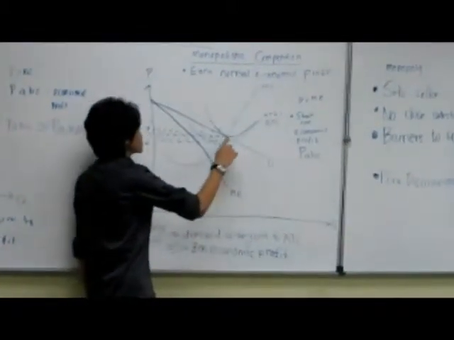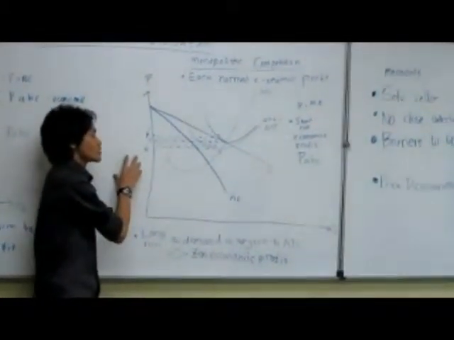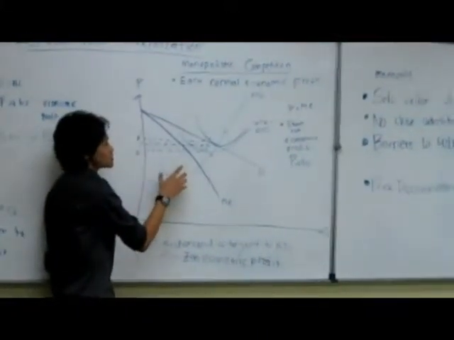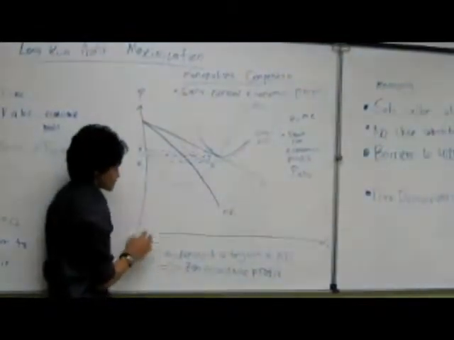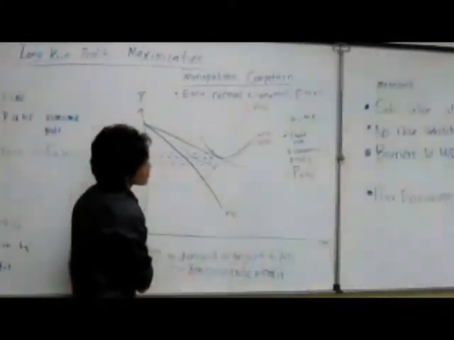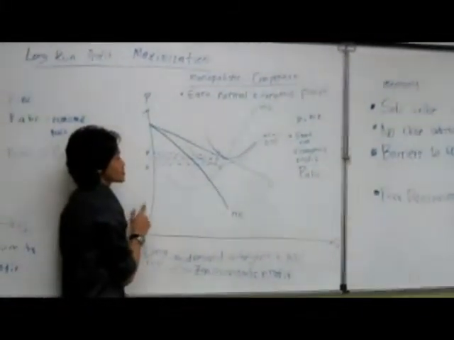Therefore, the ATC will increase, and the price or the demand is tangent to the ATC. Therefore, the economic profit during the long run is zero.